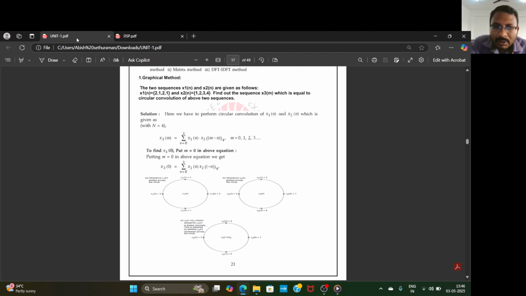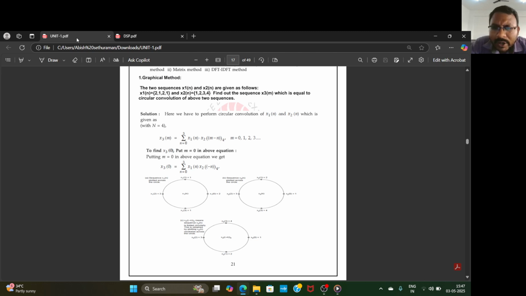The solution is by the circular convolution formula. Before that, we check the input lengths. In circular convolution, both inputs must have equal length, and only then do we proceed to the next step. If not equal, we add zeros, that is zero padding. That is an important 2 mark question.